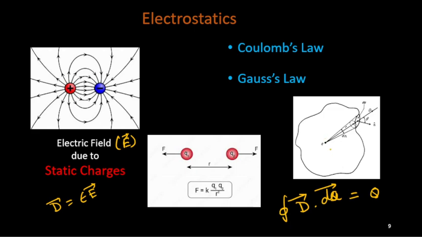So if this region has one charge plus Q, the total displacement density vector over this surface will be the charge within it. That will be discussed in detail.